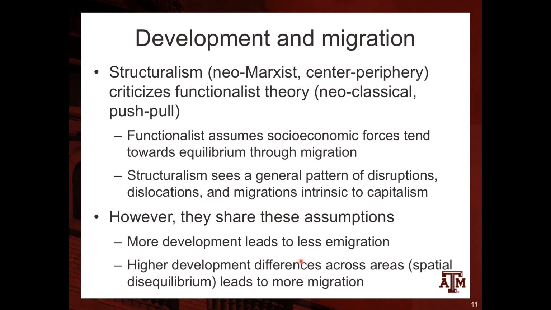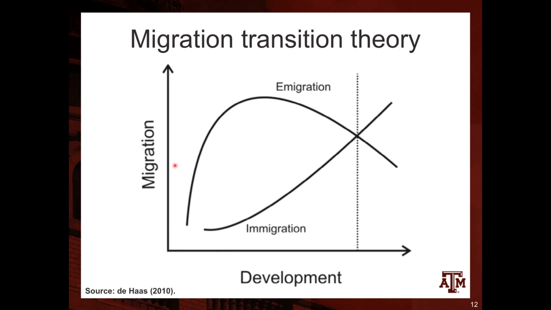Just as a way to summarize this in a graph format, this is a way to show the migration transition theory. Countries that have higher levels of development will tend to attract more immigrants to their society. So immigration will tend to increase.